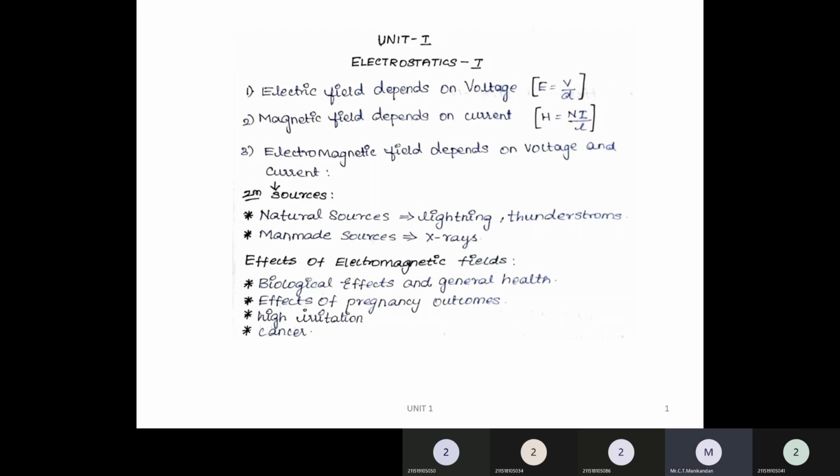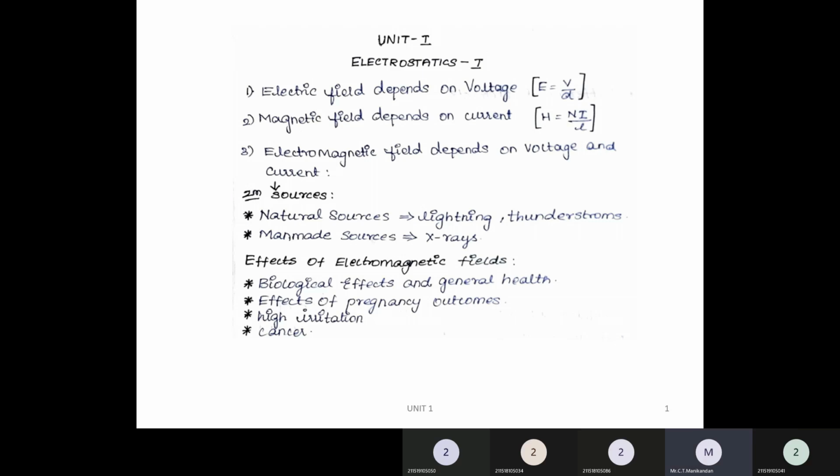The electric field is given by the basic formula E equal to V by D. Similarly, the magnetic field depends on current and is given by the formula H equal to Ni by L, where N is the number of turns, I is the current, and L is the length of the conductor. So the electromagnetic field mainly depends on voltage and current.